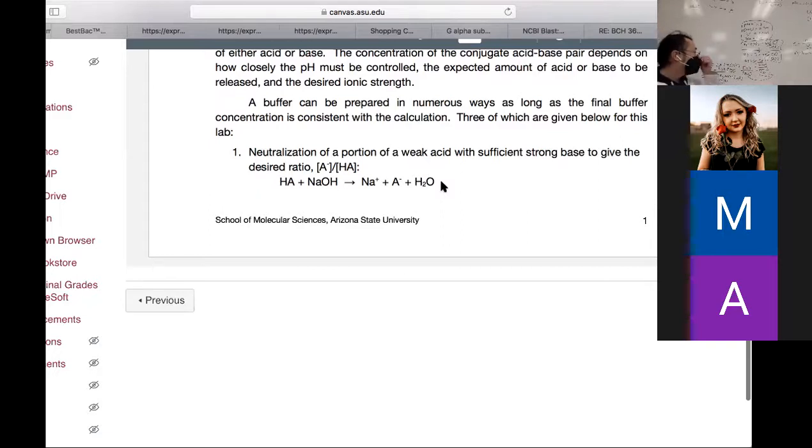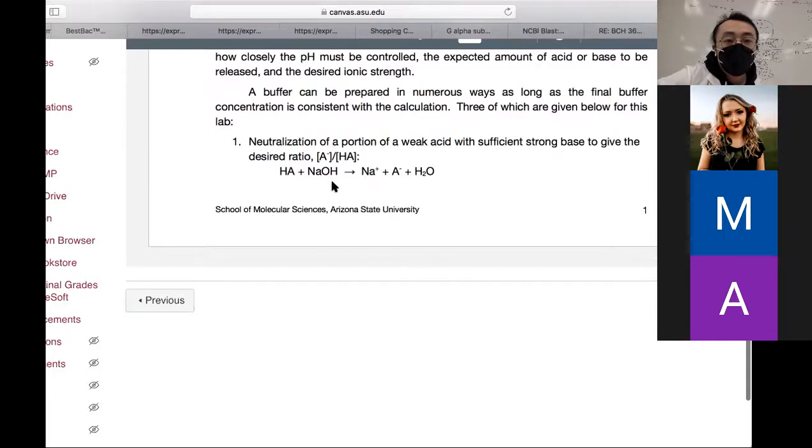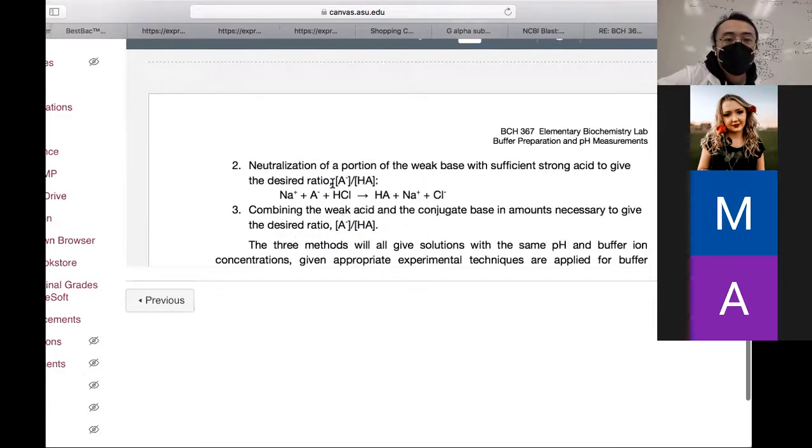Like I said, we are going to use 3 different ways to make the buffer. Method one is using weak acid plus strong base. The second way is similar, but we use weak base plus strong acid.